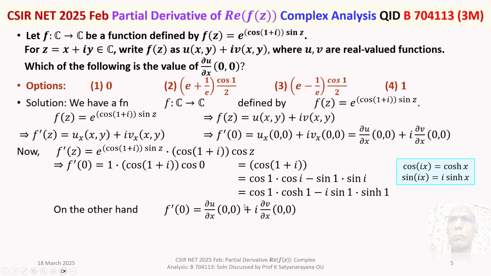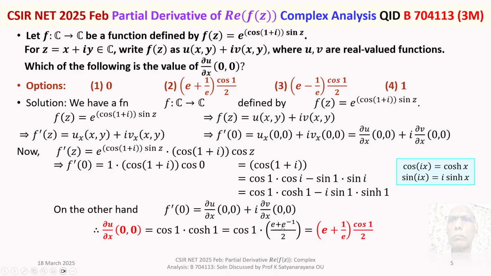So, equating the real parts on both sides, del u by del x at (0,0) is cos 1 into cosh 1. Cosh 1 is e power 1 plus e power minus 1 by 2, that is e plus e power minus 1 by 2.